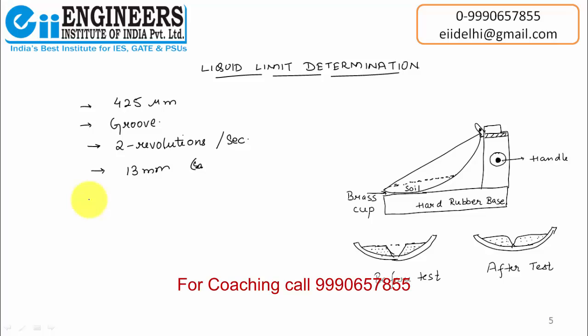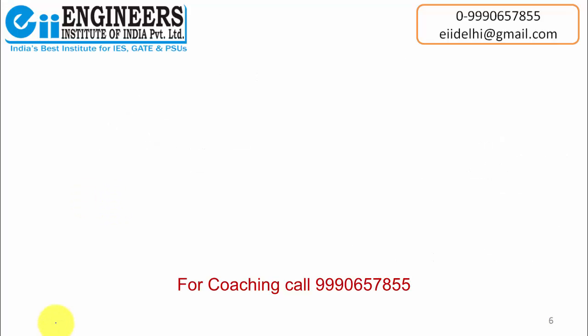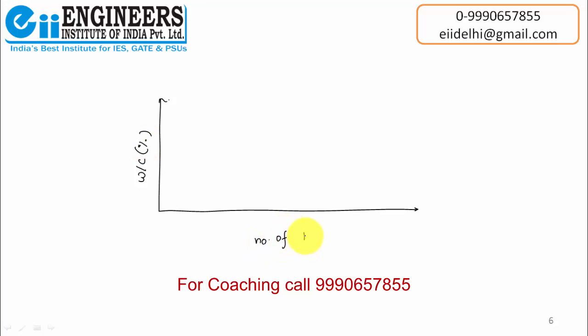After that we repeat the same procedure with soil having a different water content, and we draw a graph between water content on y-axis and number of blows on x-axis on logarithmic scale.